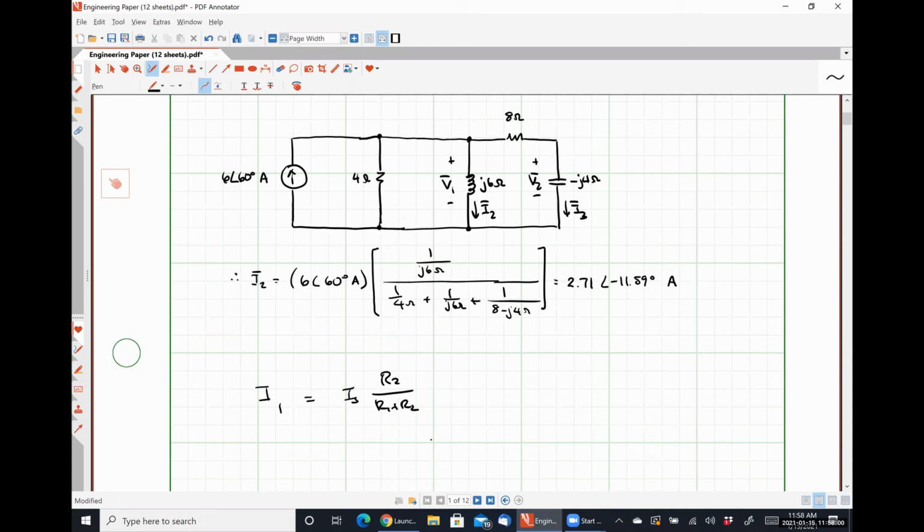Also notice that if we were trying to find the current through the first branch, the numerator is the resistance in the second branch, the one we're not interested in. So that one gets real wonky real fast.